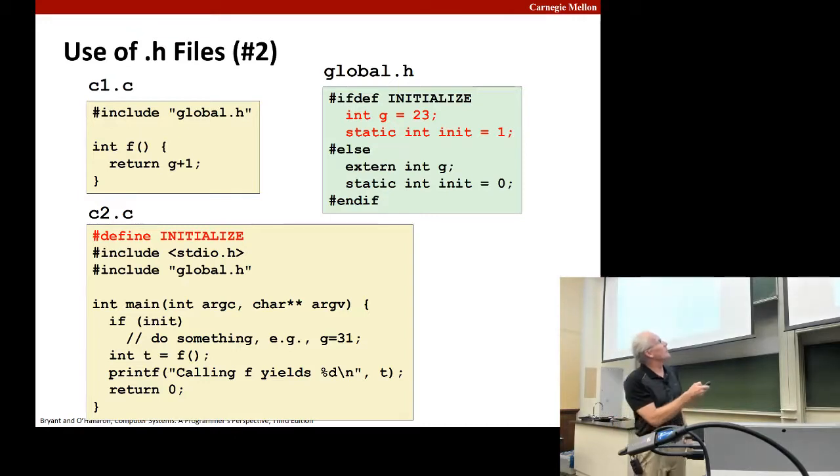So the example here is, if I say pound ifdef, it means if there's a compile time constant called initialize that's been defined, then use the red code, and if not, then use this black code. So now if I pound include global.h after I've defined initialize, and the default value defines it to be 1, but the point is it's defined, then this init and this g would refer to the red code.